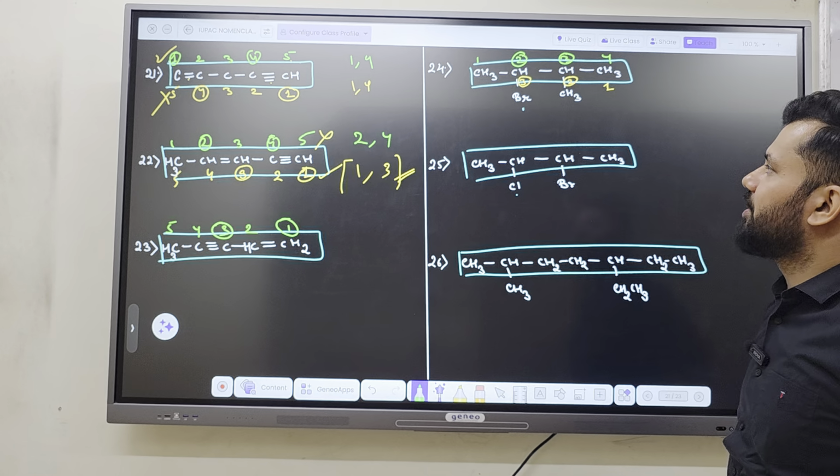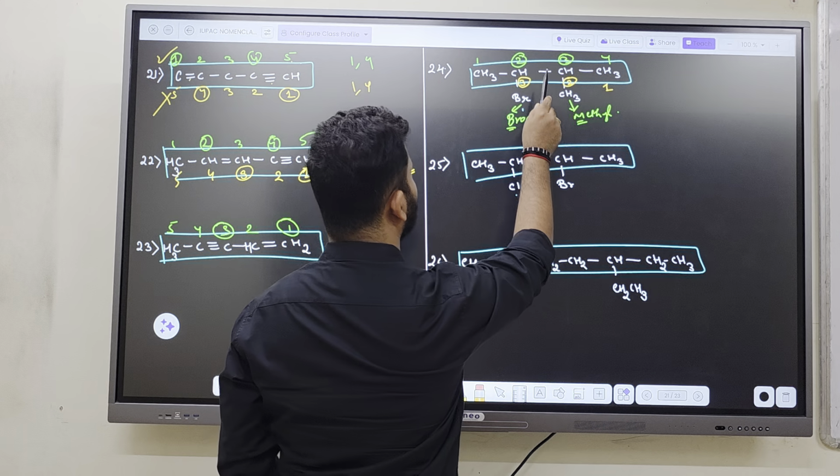B comes before M. I told you, alphabetically higher means that word which would appear first in a dictionary is given preference. So of course, bromo starts with B, which comes before M, methyl, and hence bromo should get the minimum number 2.